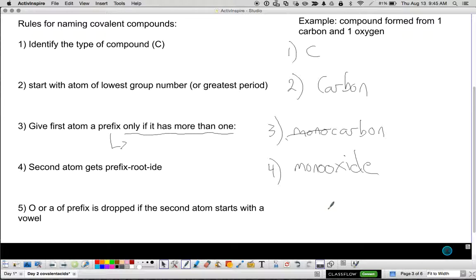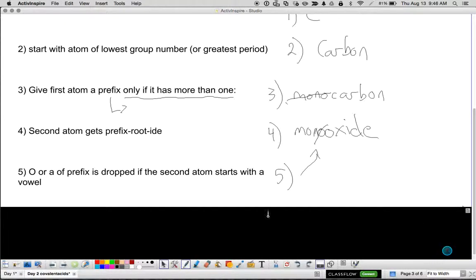So we just don't like this monooxide business because that's kind of a mouthful. So what we do is we drop the O, to make it just monoxide, because that reads a little bit better. Okay, so that's step 5, getting rid of that bad boy.